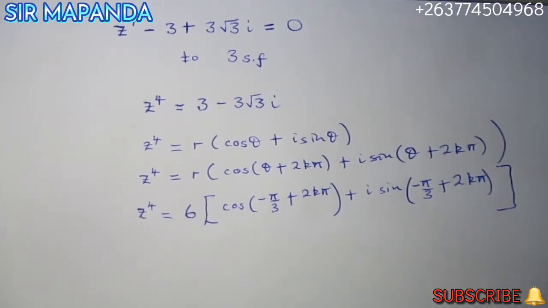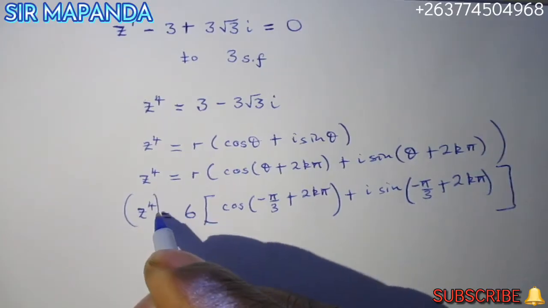I hope you are following, right? So the next stage is we want to make z the subject of the formula. So to make z the subject of the formula, we need to raise both sides by 1/4. I hope you are following.